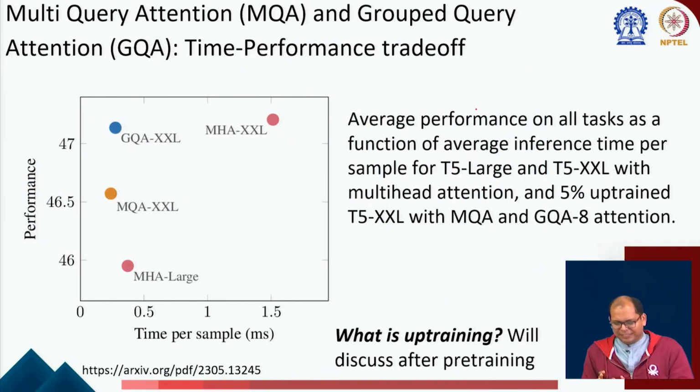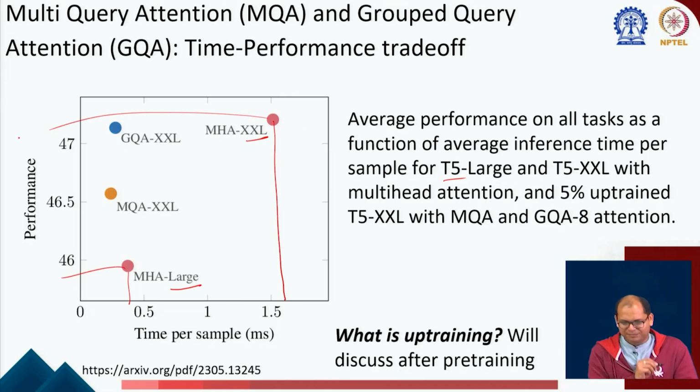They did some nice experiments. This is a T5 large model and a T5 XXL model. With multi-head attention, the time per sample for the large model is small. If you use the XXL model, your time increases a lot, but your performance also increases.